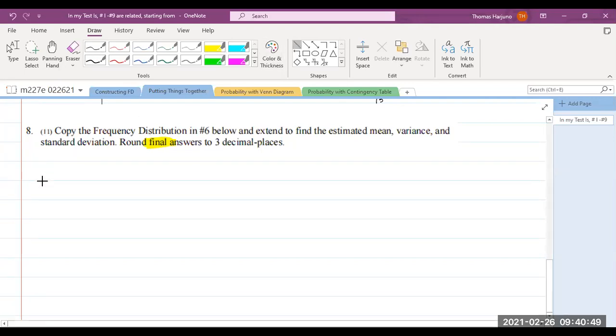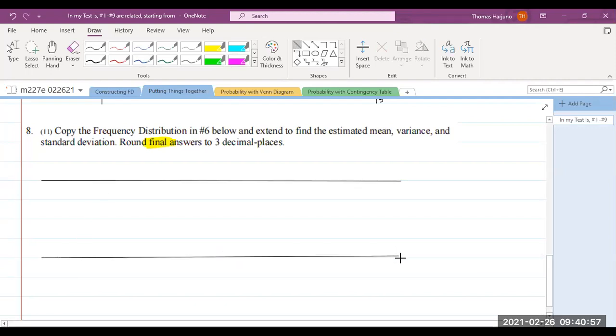Okay, so what I will do first now is to copy the frequency distribution. I happen to remember that.